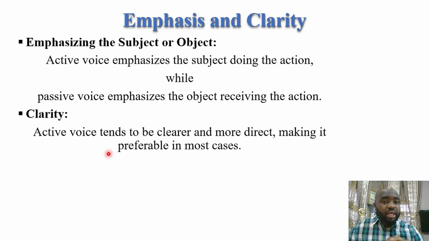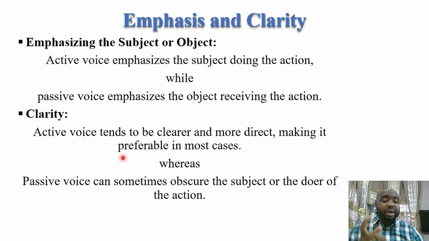When you are learning a language, it's best if you use active voice, because passive voice can sometimes obscure the subject, remove the subject, do away with it, and also make that statement a bit ambiguous, particularly for the learner. I'm referring to the learners here.